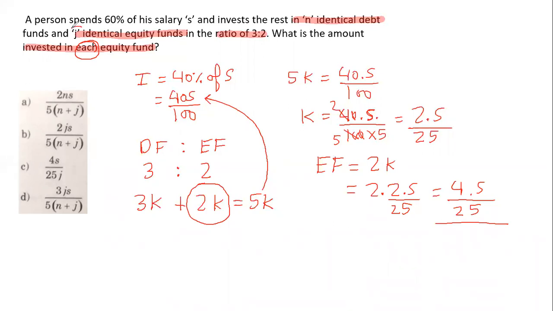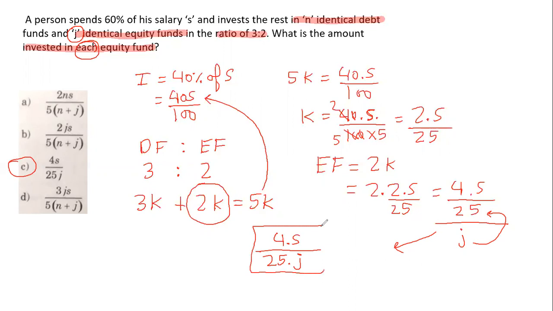I bought J identical equity funds. So that means I'll just divide this expression with J, and the expression will come out to be 4 into S divided by 25 into J. So hence this J will go up here. And when I look at the options, it's actually option number C. That is 4S over 25J.